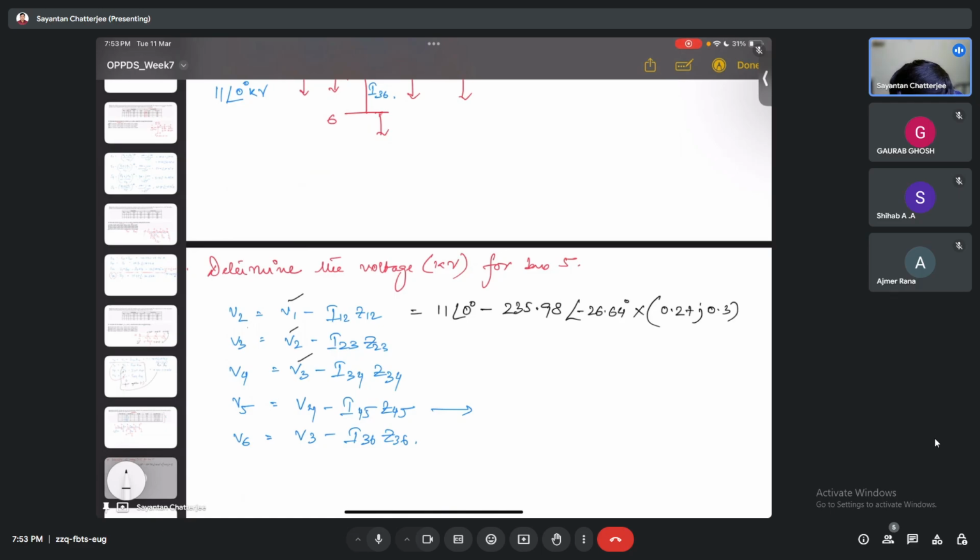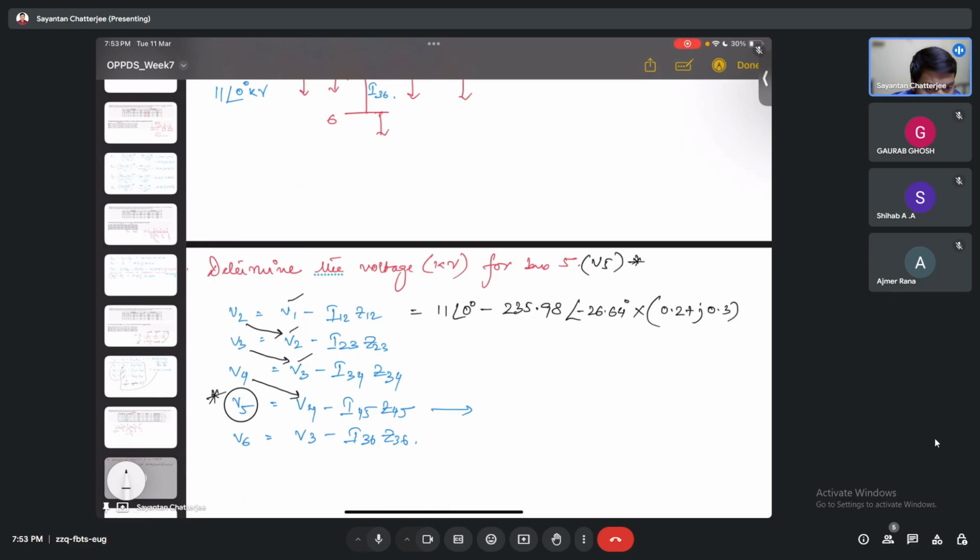Just use this V2 here, then V3 here, and finally V4 here. So that will lead to the calculation of V5, and this is the desired answer, right?